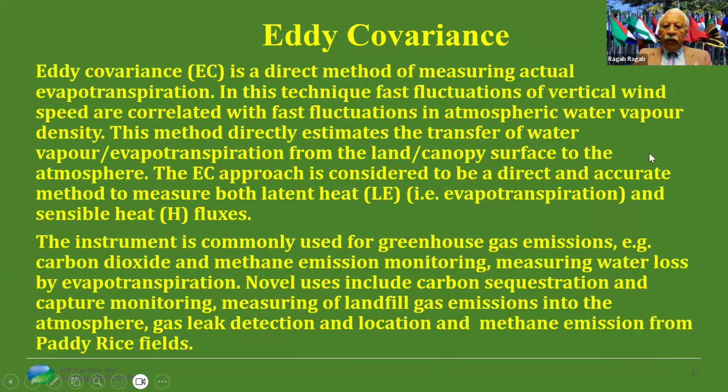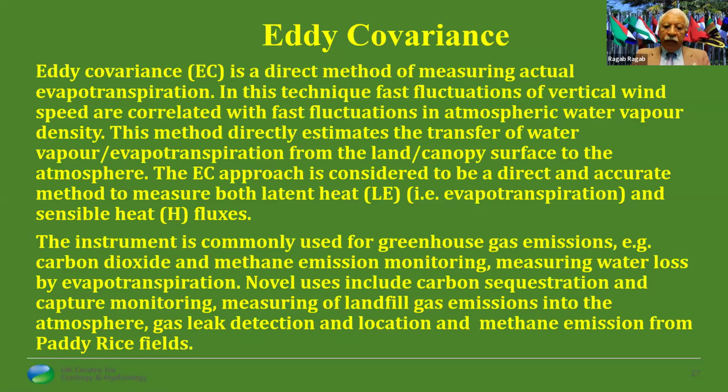I will start with Eddy Covariance. The Eddy Covariance is a direct method of measuring actual evapotranspiration. In this technique, fast fluctuations of vertical wind speed are correlated with the fast fluctuations in atmospheric water vapor density.